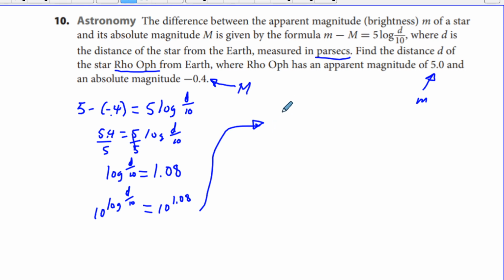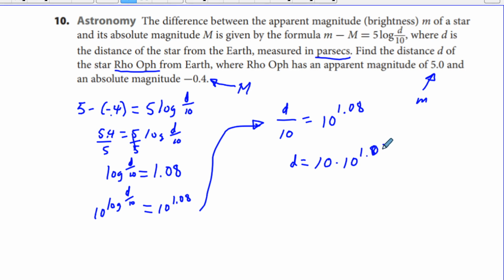We have d over 10, because 10 and log base 10 cancel each other out, equal 10 to the power of 1.08. And then if we multiply by 10, d is going to be equal to 10 times 10 to the power of 1.08.